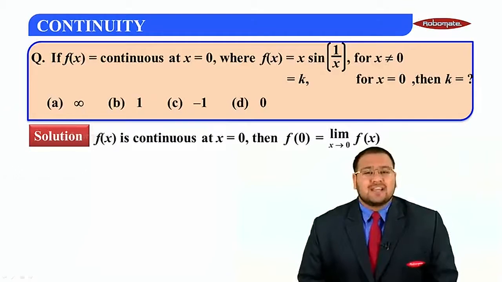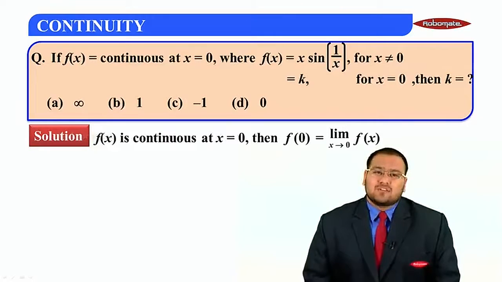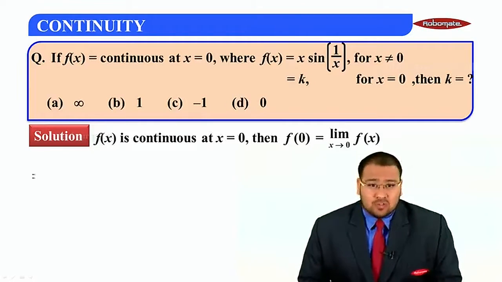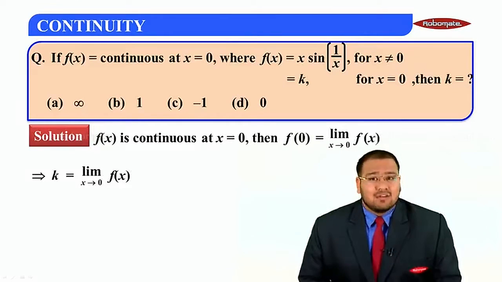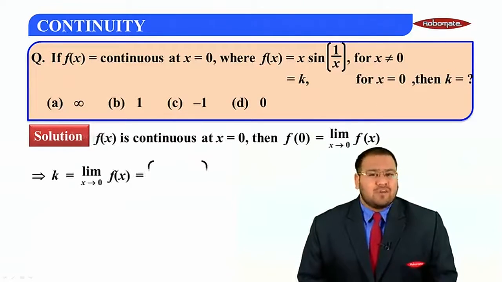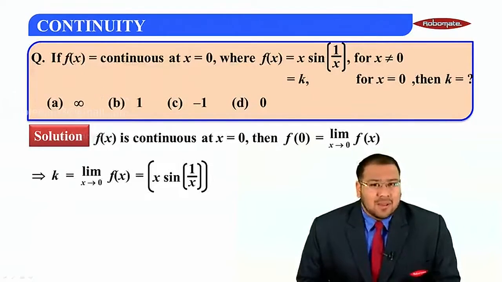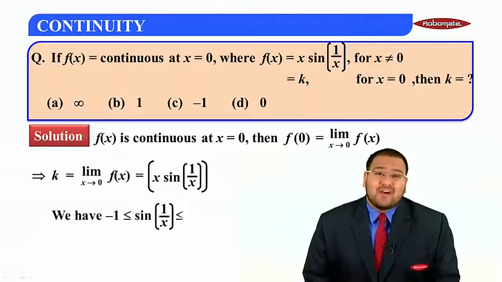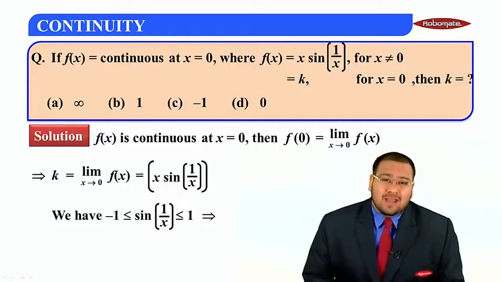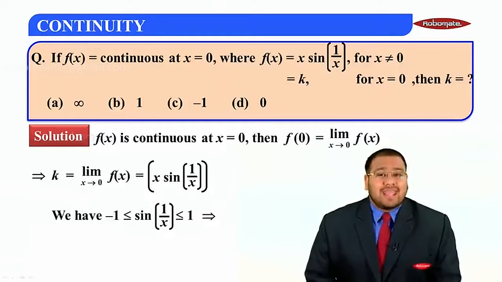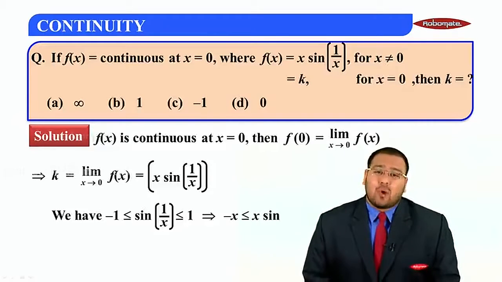If f of x is continuous at x equal to 0, then f of 0 is equal to the limit as x tends towards 0 of f of x. We know this already. So we can write that k is equal to the limit as x tends towards 0 of f of x, which is nothing but x into sine of 1 by x. But we know that the sine function ranges only between -1 to +1, and as we require x into sine 1 by x, we multiply by x throughout.